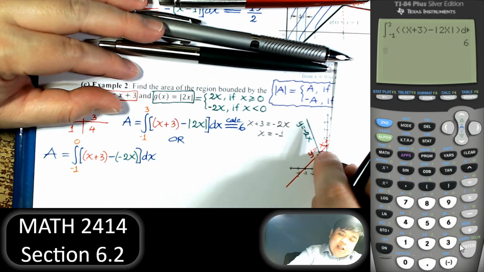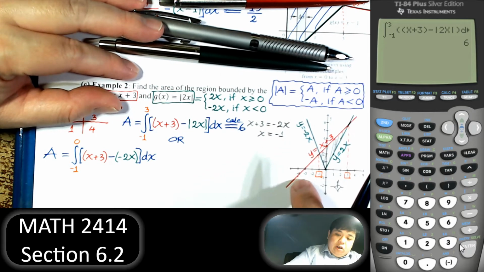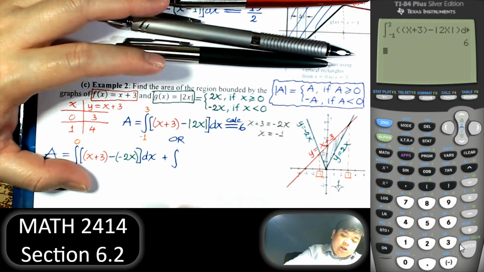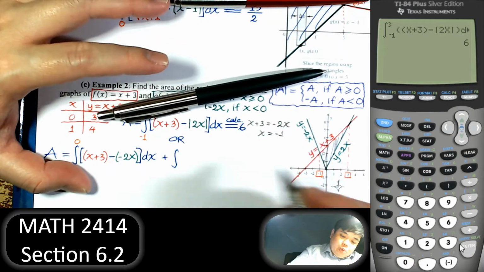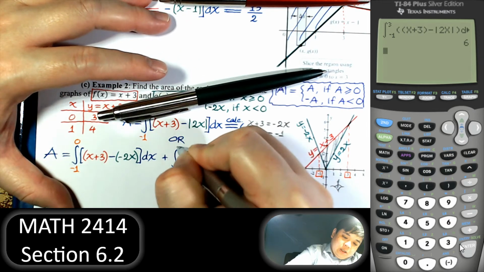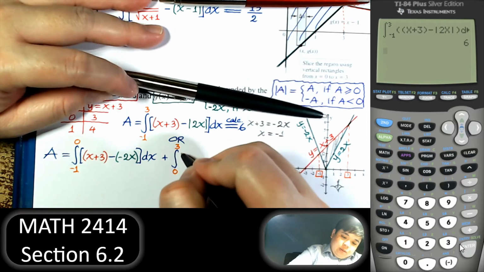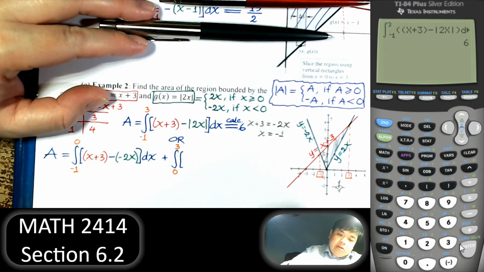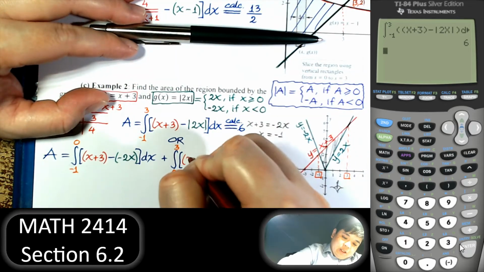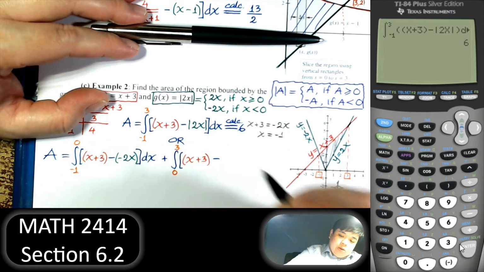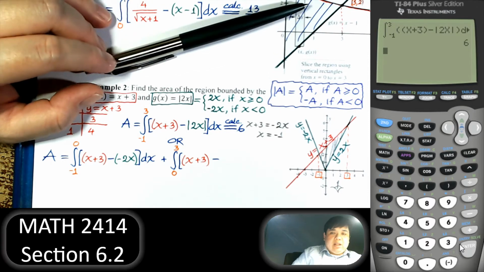So that is this area here. The other area is another integral, but this time going from 0 to 3. The function above is x plus 3. The function below this time is 2x.